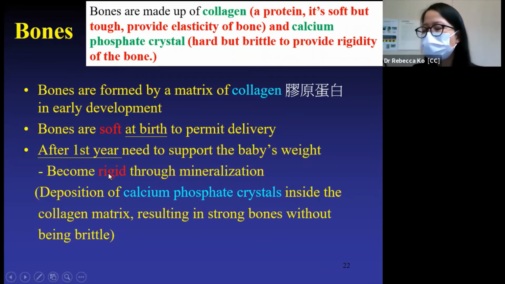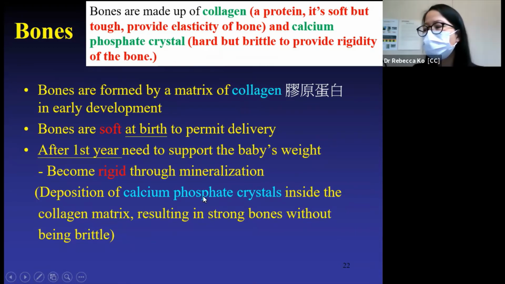How do we achieve that? That is through a mineralization process. Mineralization is the deposition of calcium phosphate crystals. And calcium phosphate crystals, I just said, are a bit hard and brittle, giving the rigidity of the bone. So inside the matrix, the calcium phosphate composition increases, resulting in strong bones without being brittle.